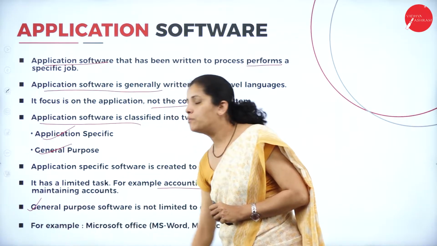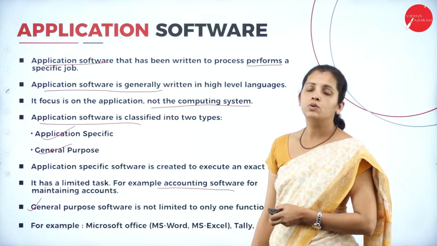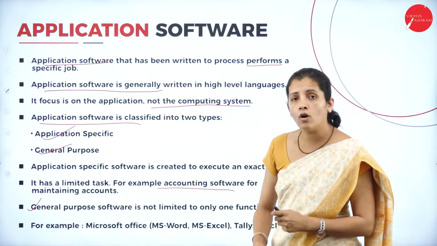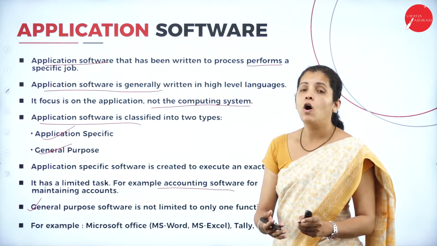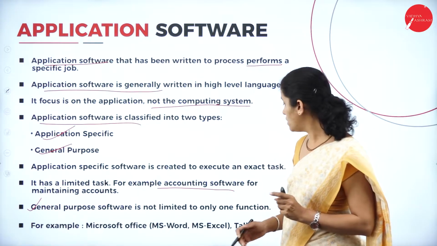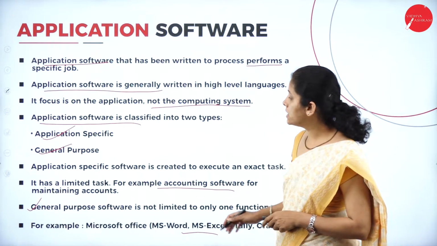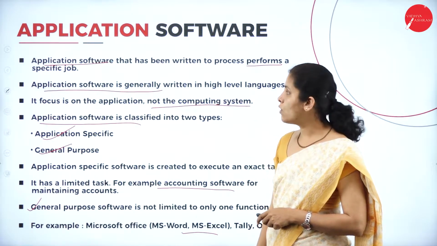Then I'm going to have my second type, that is general purpose software. So here softwares are used to perform general kinds of tasks. For example, MS Word or MS PowerPoint or MS Excel, Tally, Oracle. These are examples of general purpose application software.